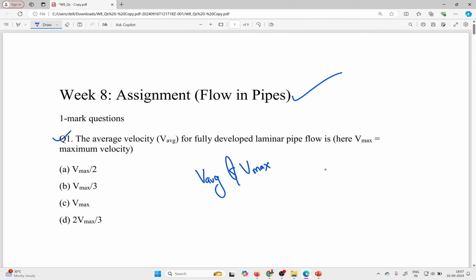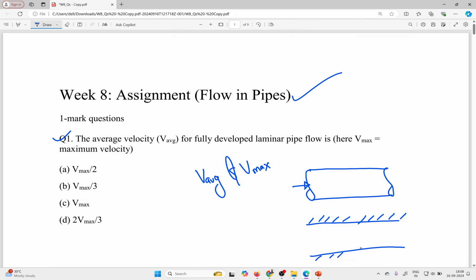If water is flowing in a pipe and the condition is laminar, you can also tell when the water flows between two parallel plates, what will be the relation between V average and V max?